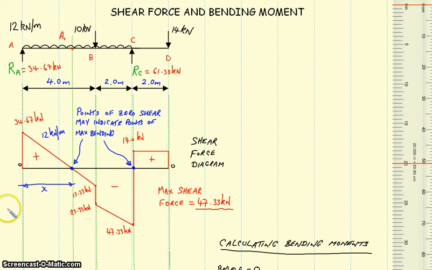So in order to actually calculate x down here, we simply take the starting force of 34.67, divide that by that gradient, which is 12, and that equals for us 2.89 meters. So that now calculates that distance for us. X equals 2.89 meters.